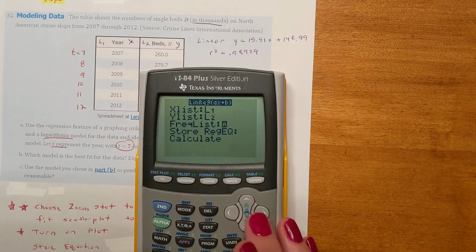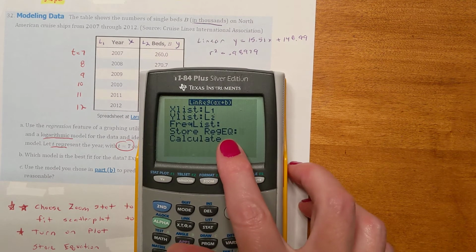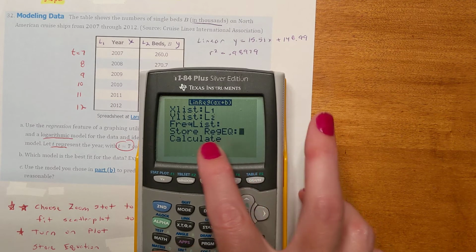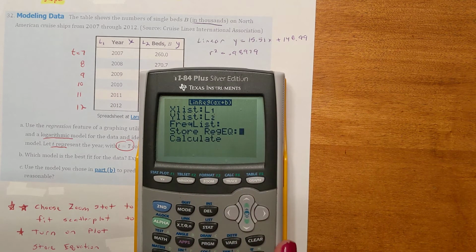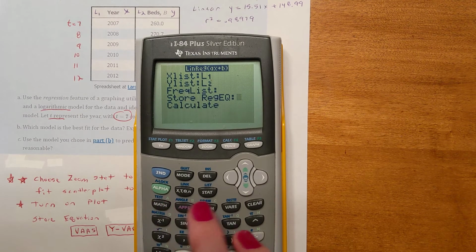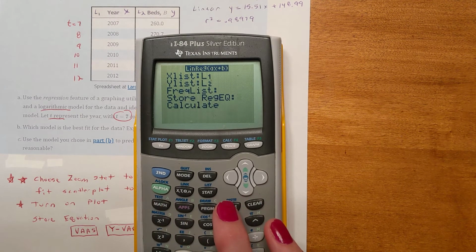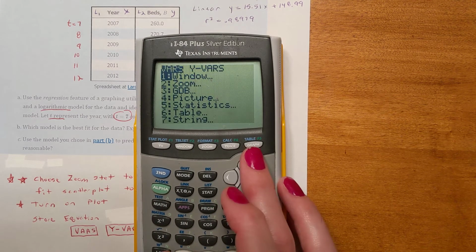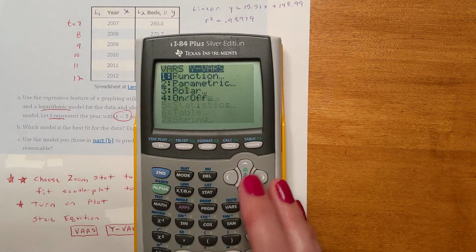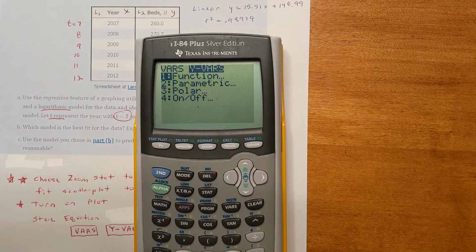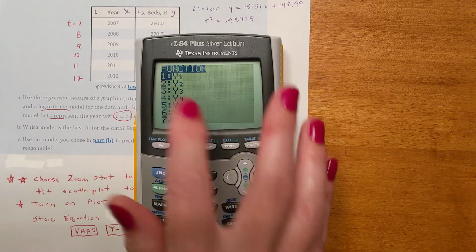So on choice 4, what you can do, you can store your equation down here under store equation. What you have to do is you go to the word var here on the third line, var, and then you go over to yvars, one menu, and it's the first one, function, and you want to choose number 1.